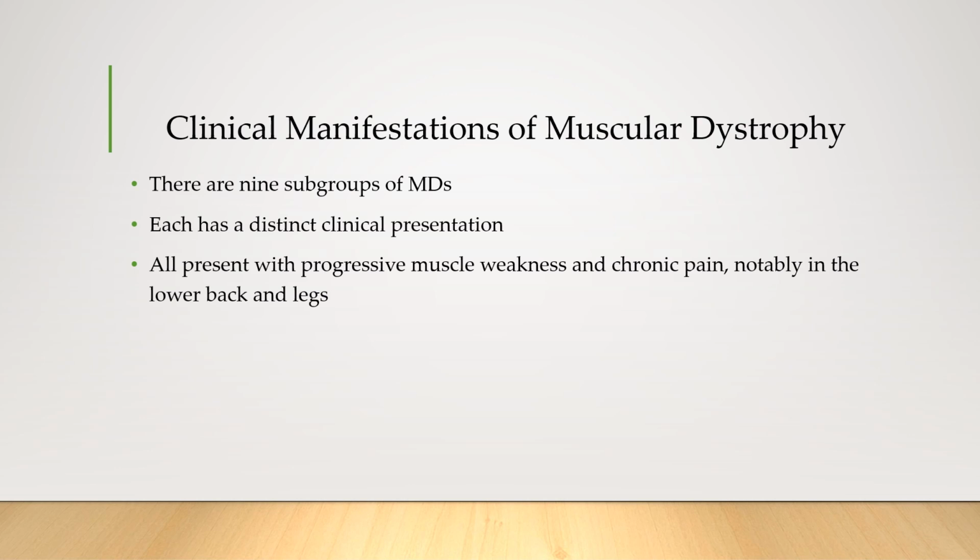Some clinical manifestations of muscular dystrophy: there are 9 subgroups of MDs. Each will have a distinct clinical presentation, but all will present with progressive muscle weakness and chronic pain, notably in the lower back and the legs.